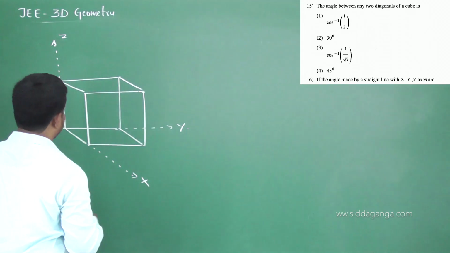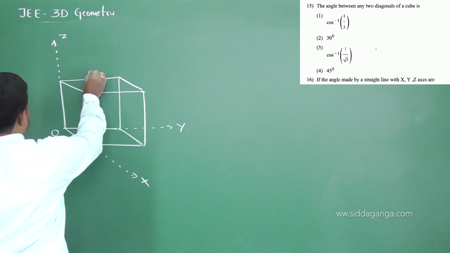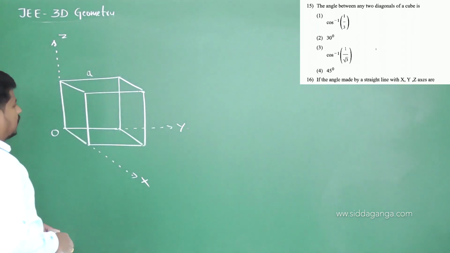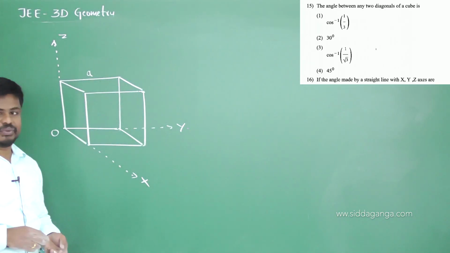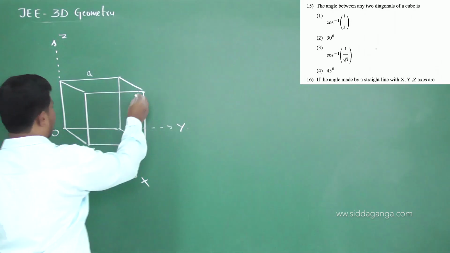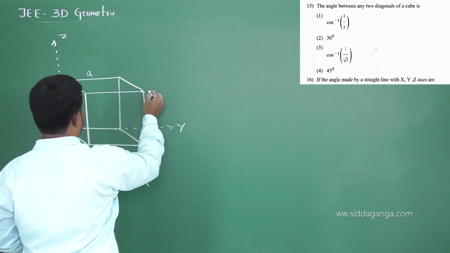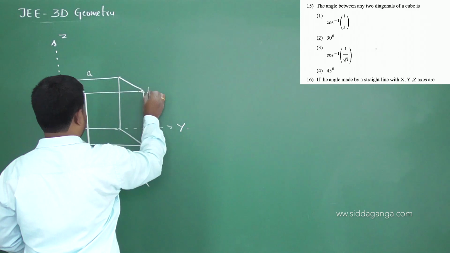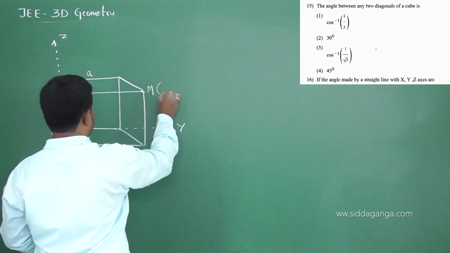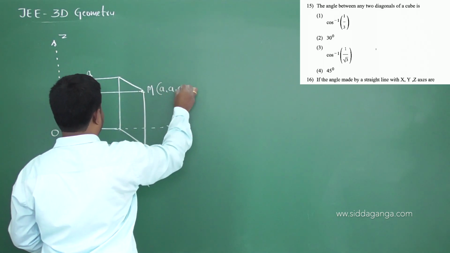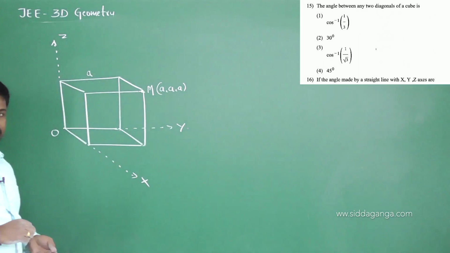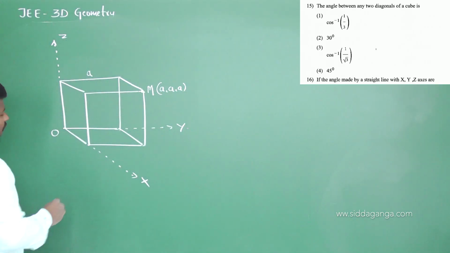Before that, let us take A to be the length of each side of the cube, and hence this point, let us call it M, will have the coordinates A, A, A. Now I need this point also.